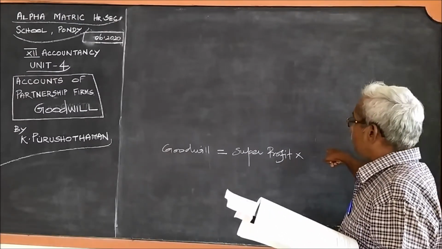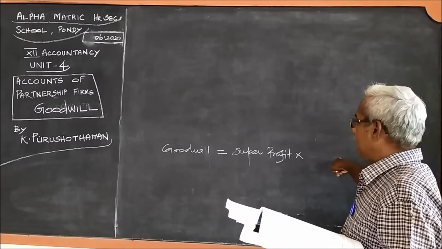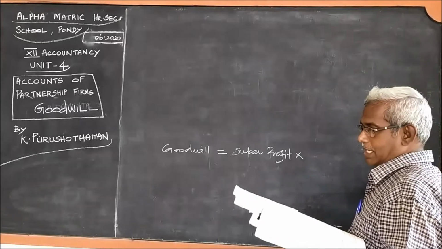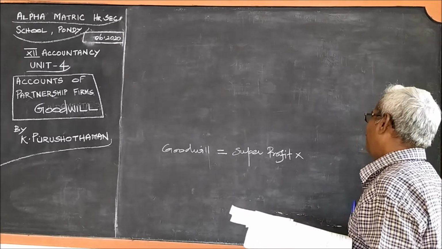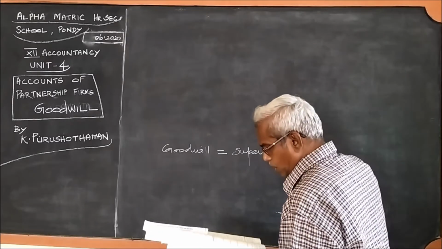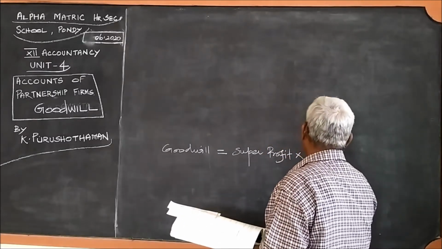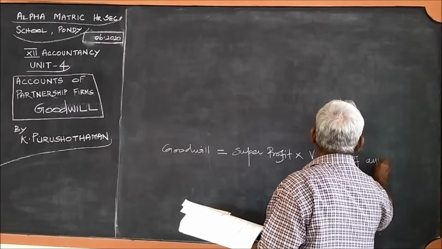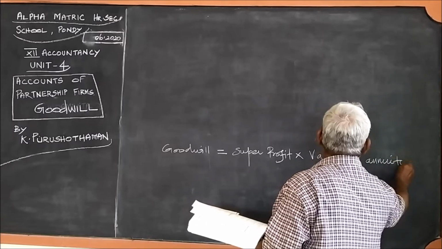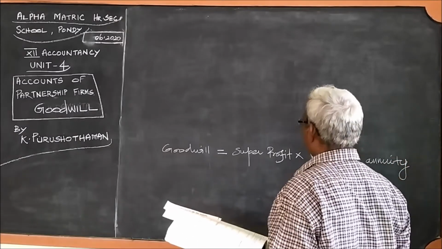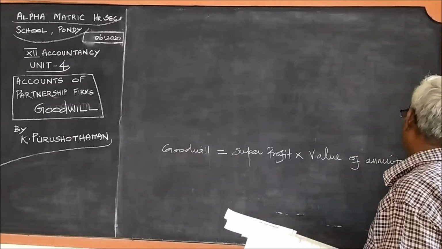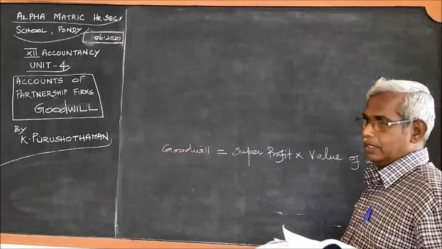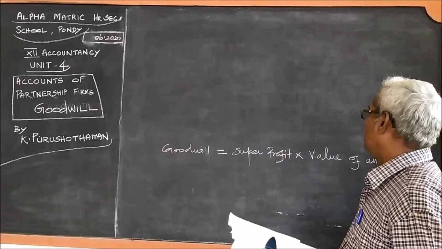If it is super profit under purchase method, super profit into number of years of purchase. But here this is annuity method, therefore super profit into value of annuity. This is the formula.